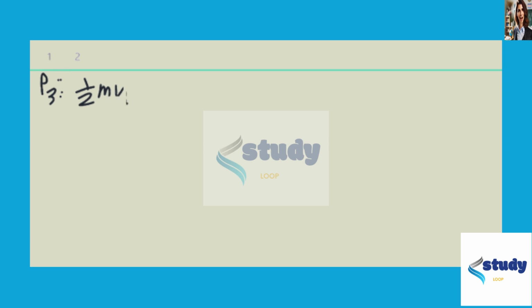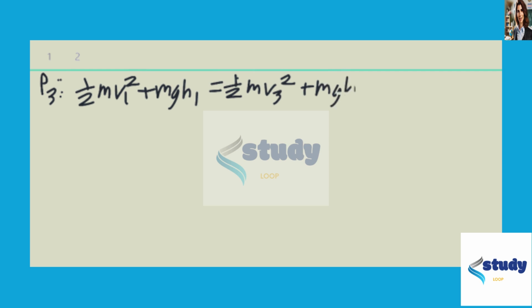So we're going to have 1/2 mv1 squared plus mgh1 equals 1/2 mv3 squared plus mgh3.